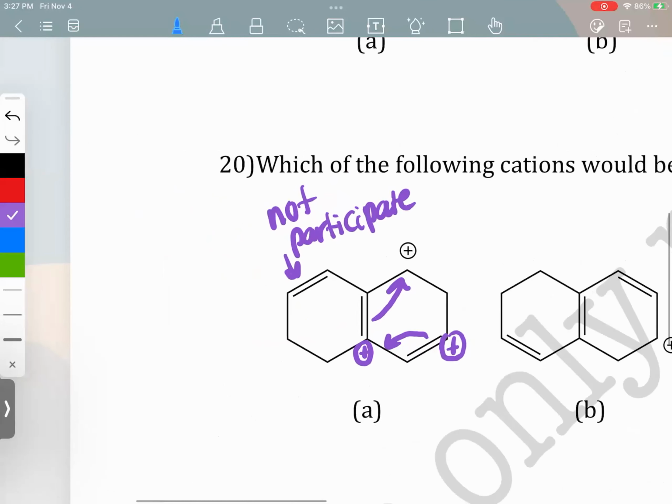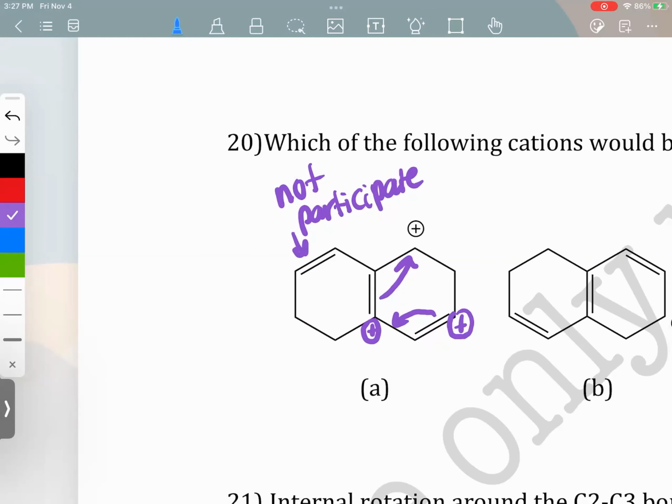Because it's too far away. You see the first movement we did, right? The carbocation ends up here. So it's not close to this double bond at all. It's close to this one. So then it participates again with this double bond over here. It can't touch this double bond at all.